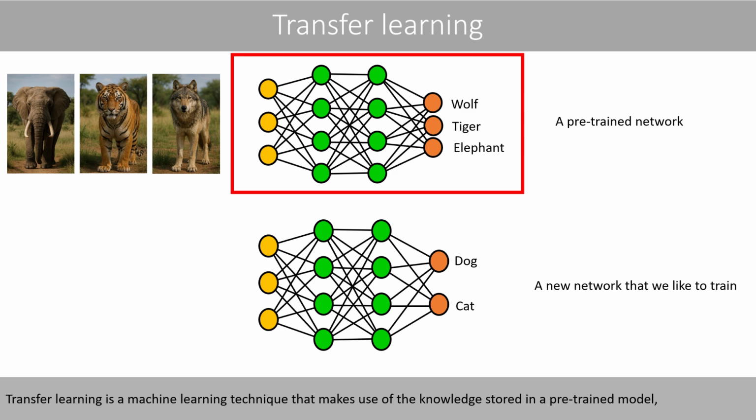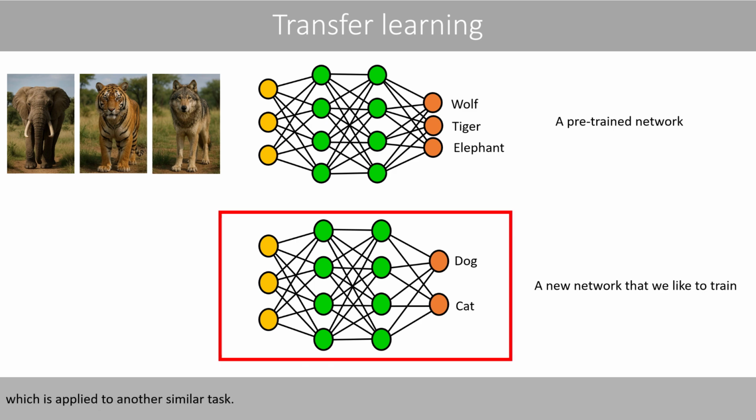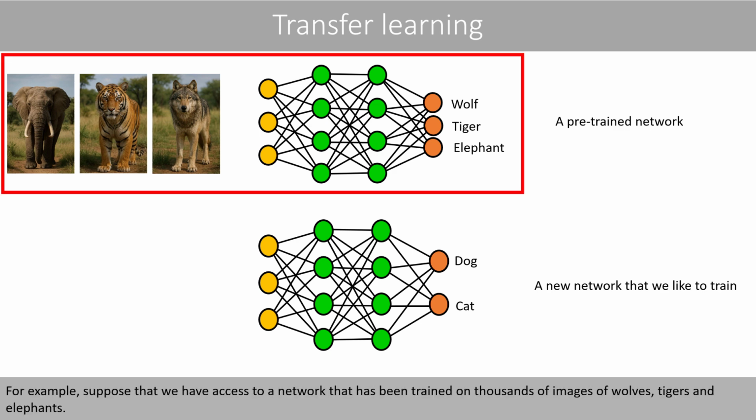Transfer learning is a machine learning technique that makes use of the knowledge stored in the pre-trained model, which is applied on another similar task. For example, suppose that we have access to a network that has been trained on thousands of images of wolves, tigers, and elephants.